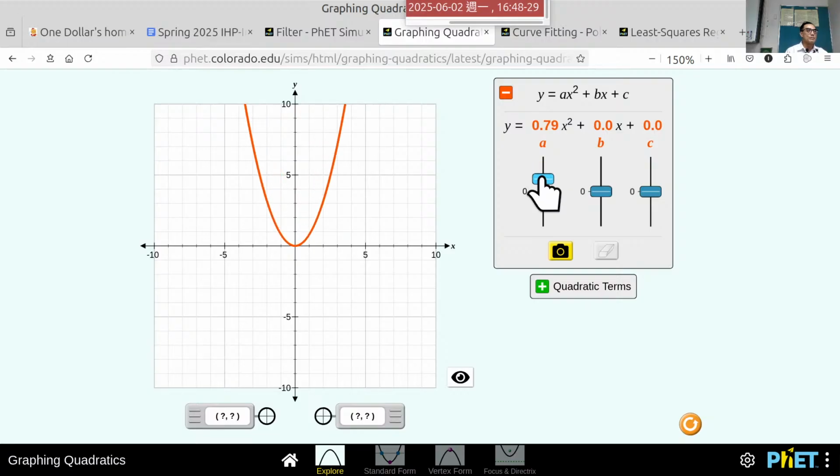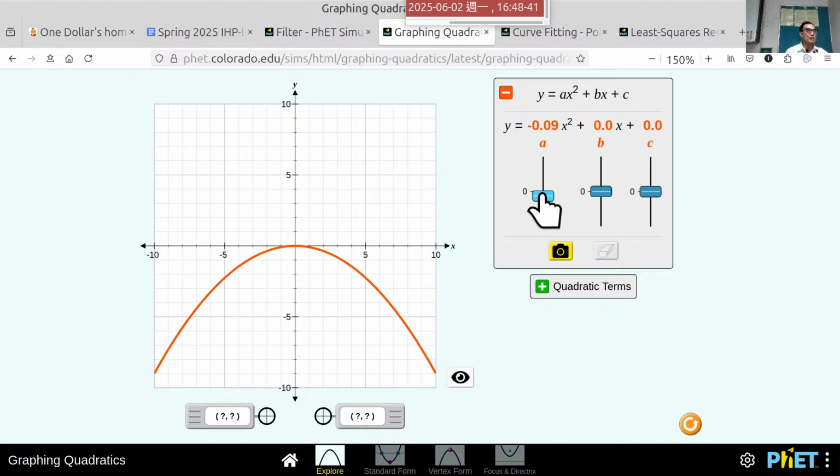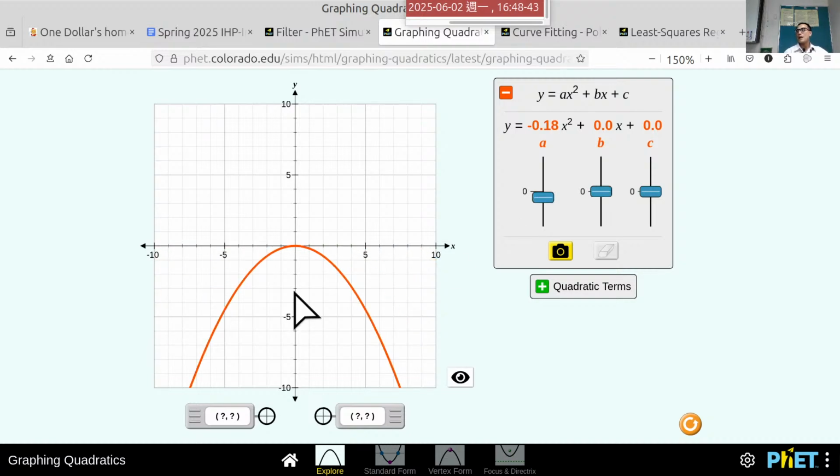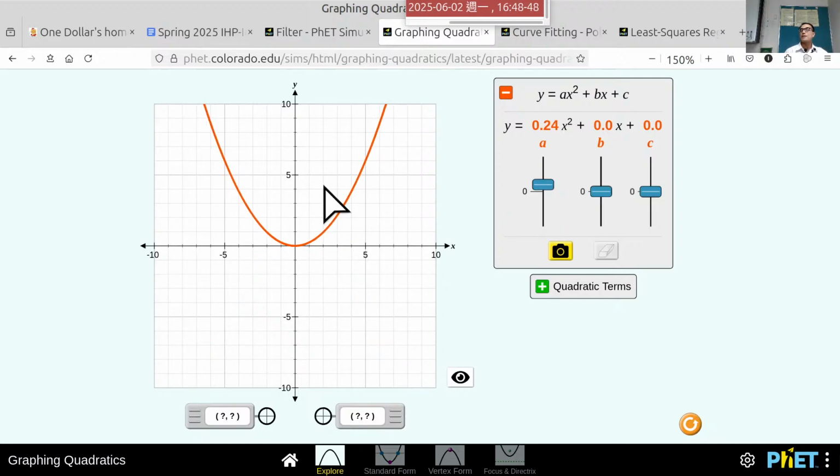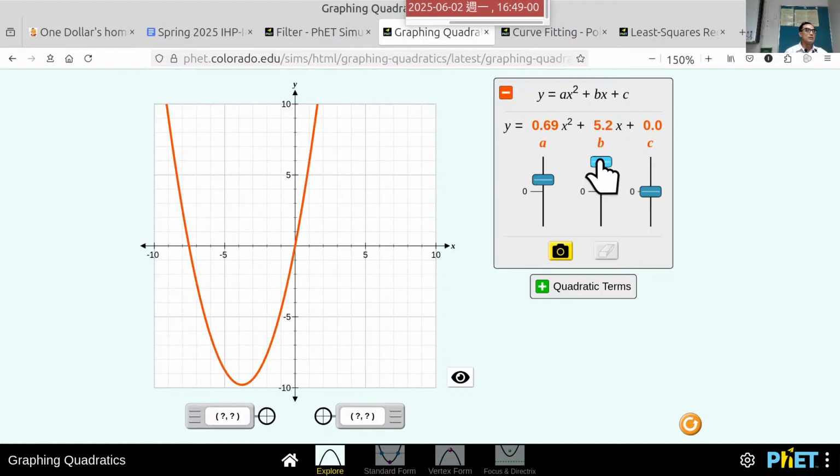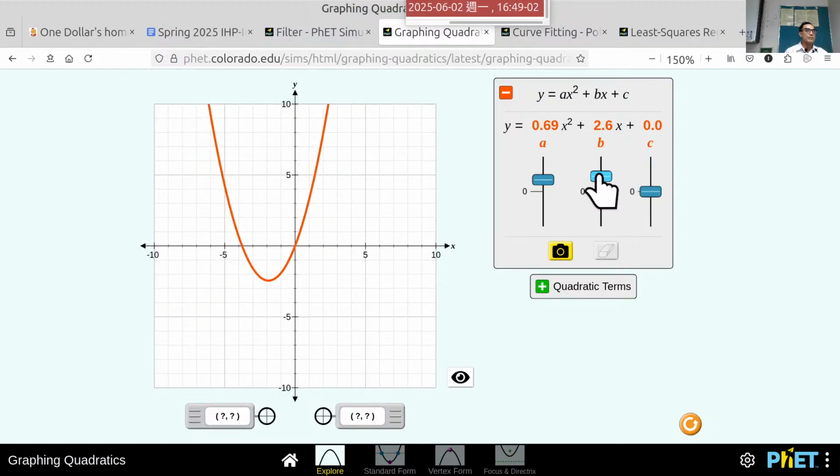And when it becomes zero, it becomes a horizontal line, and when the a becomes a negative value, the curve is facing down. The positive value, the curve is facing up. Okay, and if we change the b value, if I move it, the b increases, oh, the b decreases.